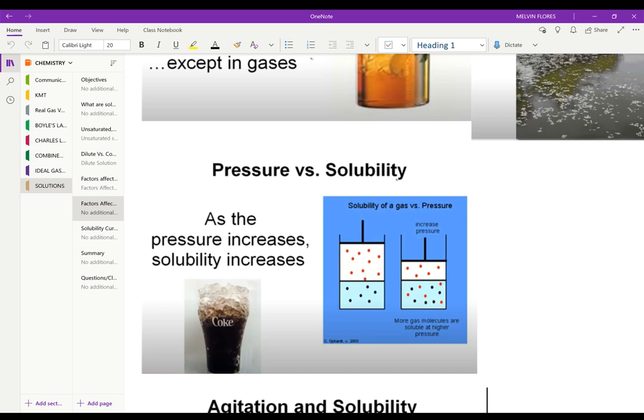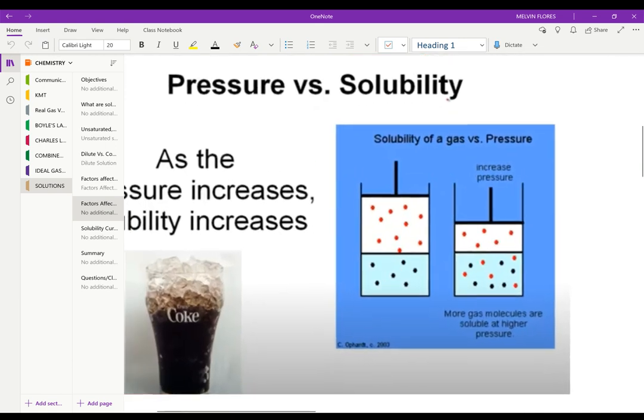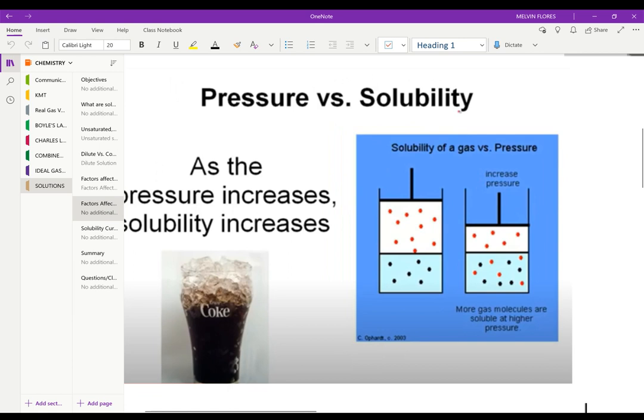Let's take a look at this syringe right here. Once you compress the syringe, there are more gas molecules that are soluble at higher pressure.